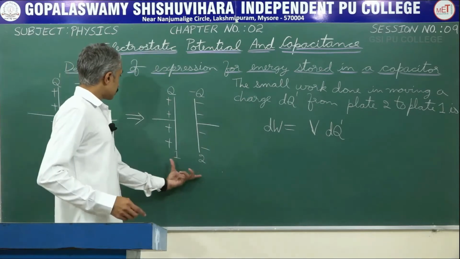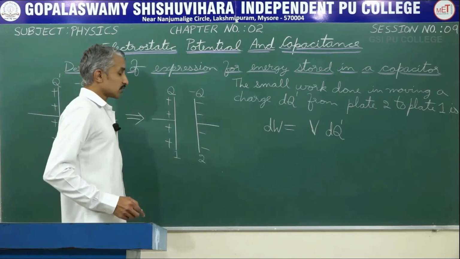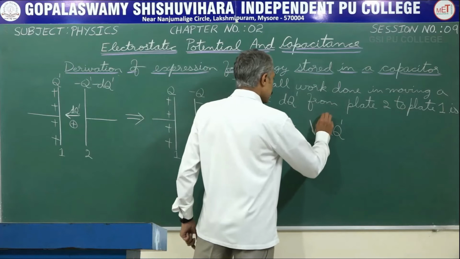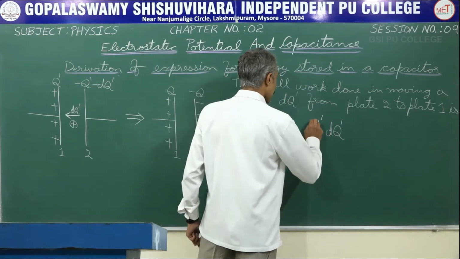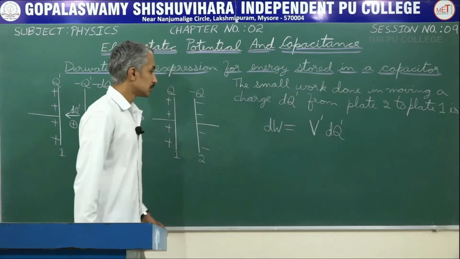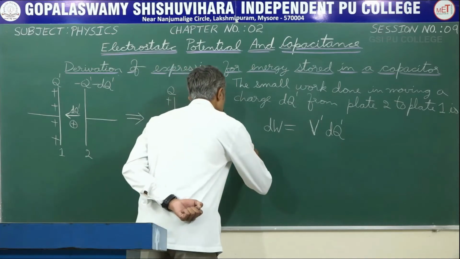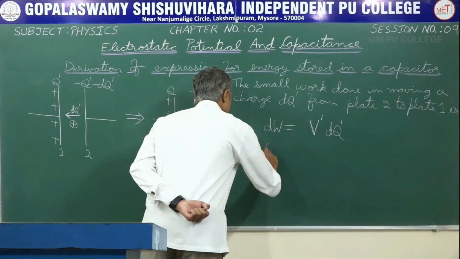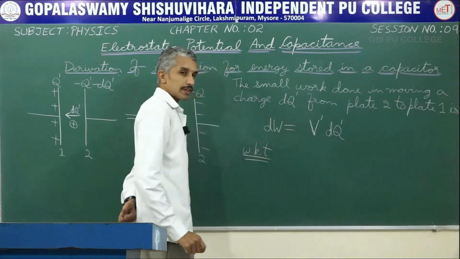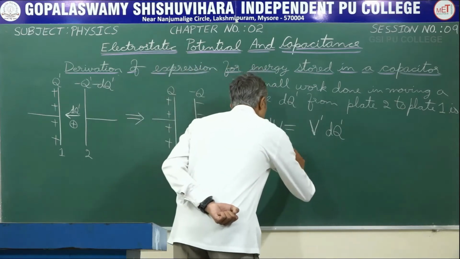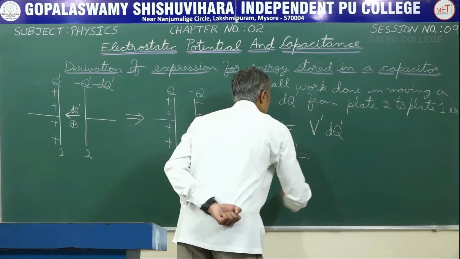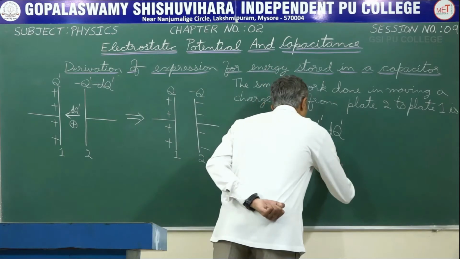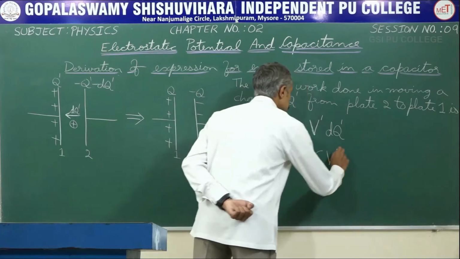So before the capacitor is getting fully charged, let the potential difference across the capacitor be V dash. Now we know that charge is given by capacitance into potential.